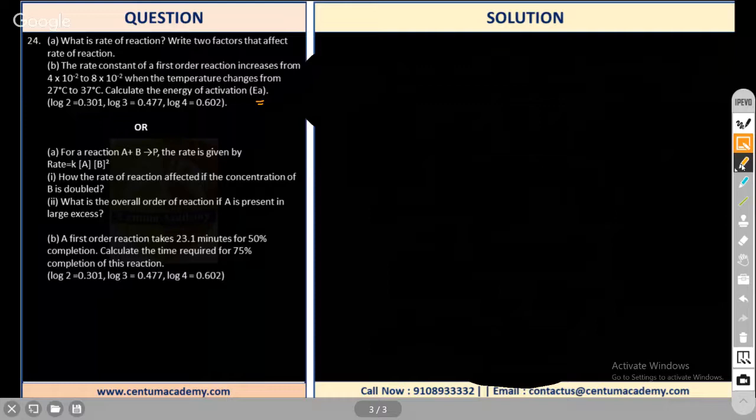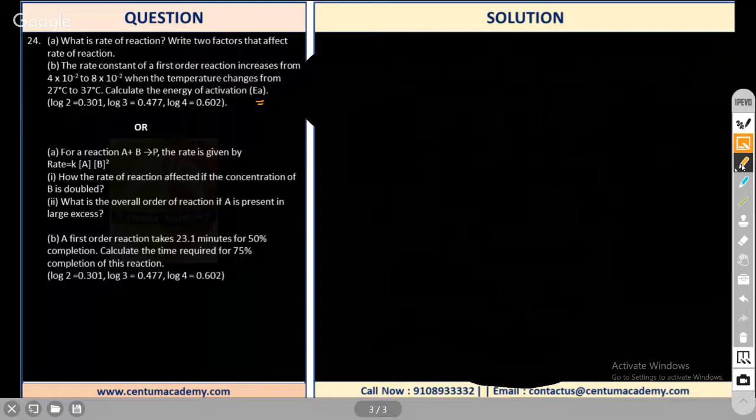Pseudo reaction. What order? Sanjana. No, we should see what happens when A is present in large excess, right?